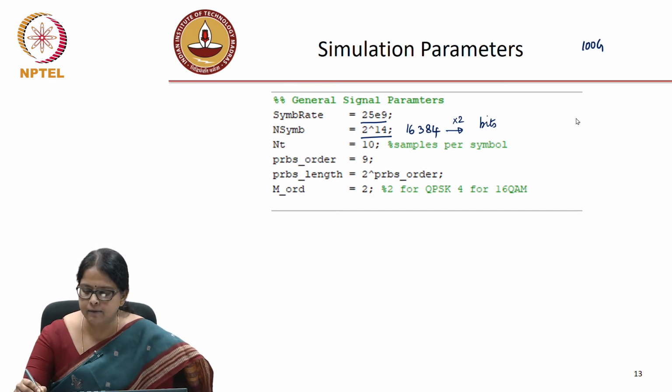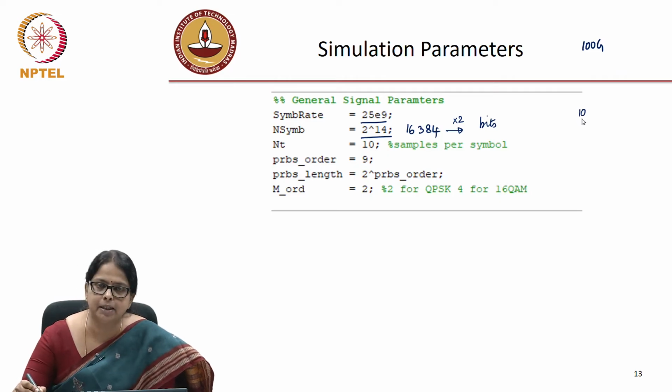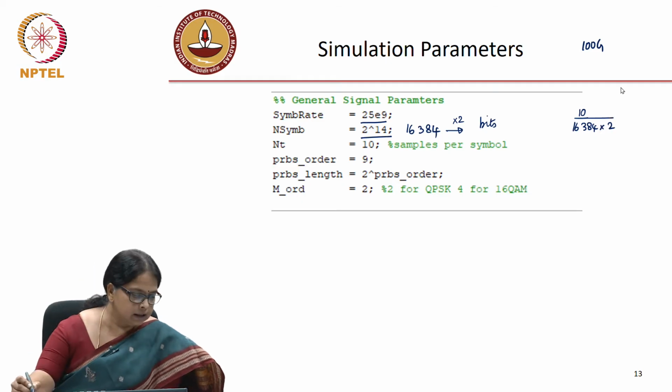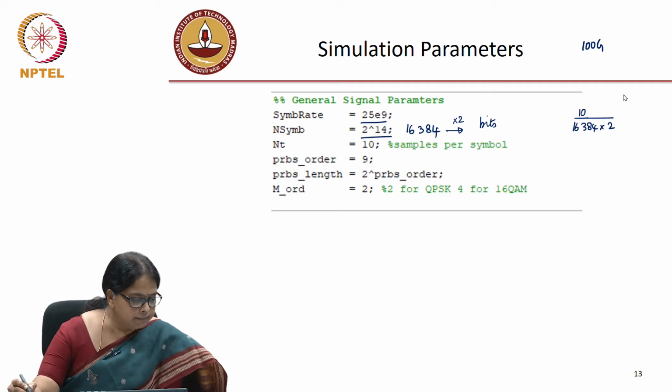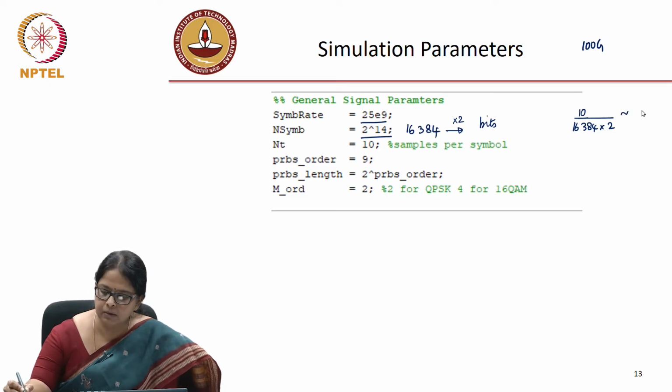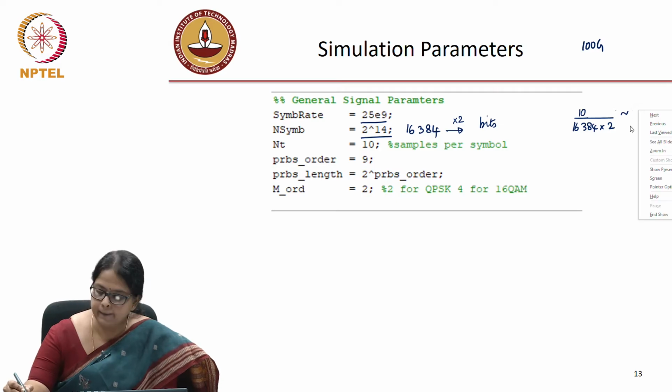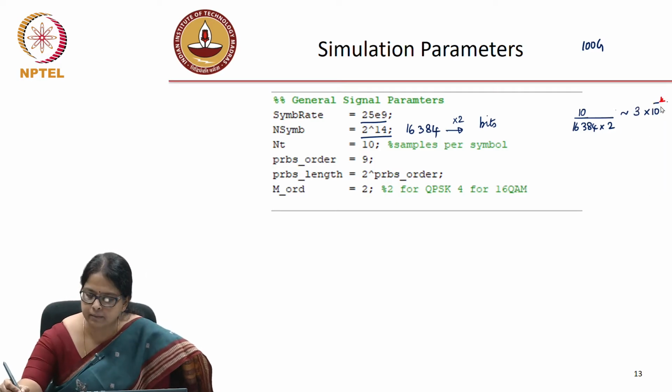If you say that I can safely say that the bit error rate is statistically correct if I have detected, let us say, 10 bits in this 16384 into 2 number of bits, the allowed bit error rate for assuming this statistics is about 3 into 10 power minus 4.